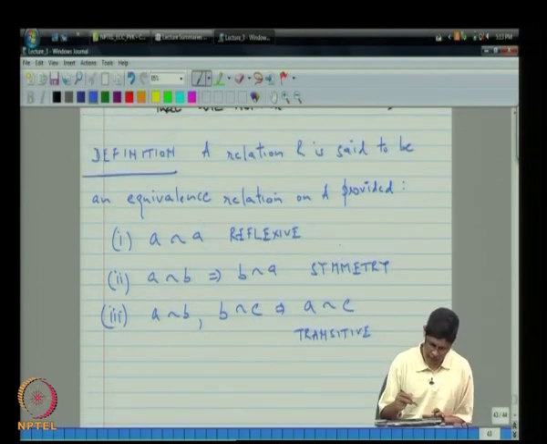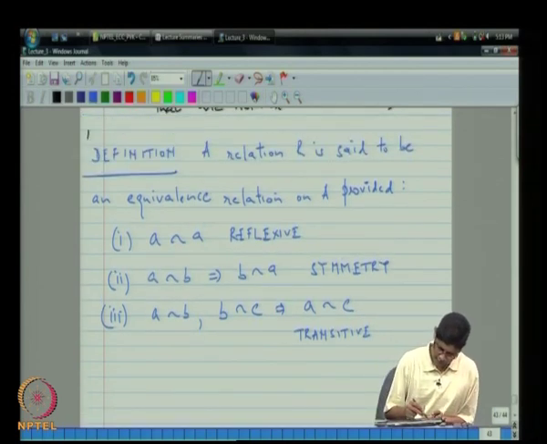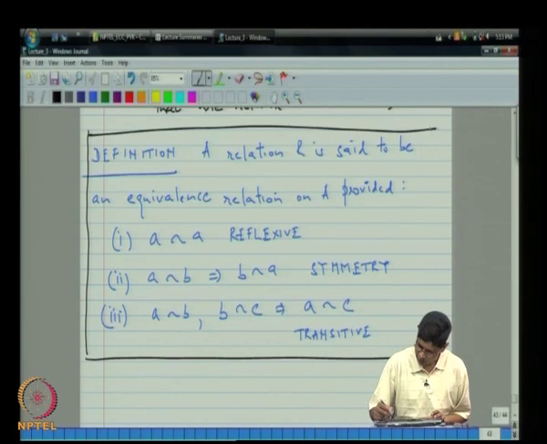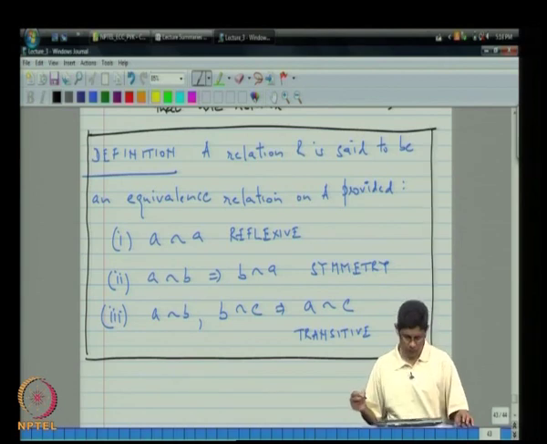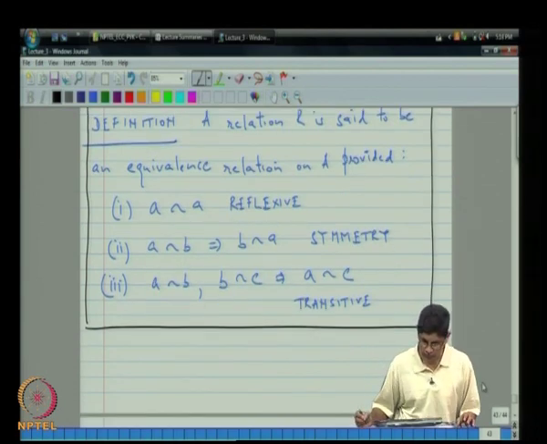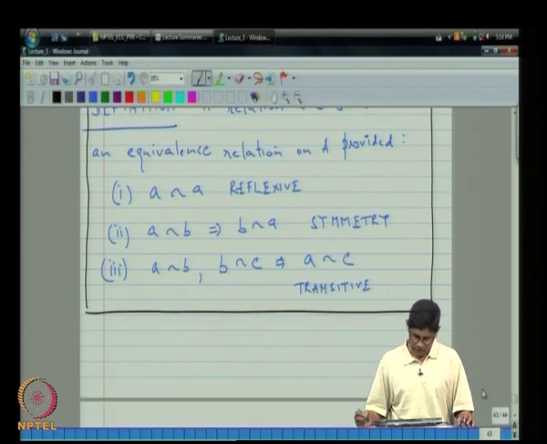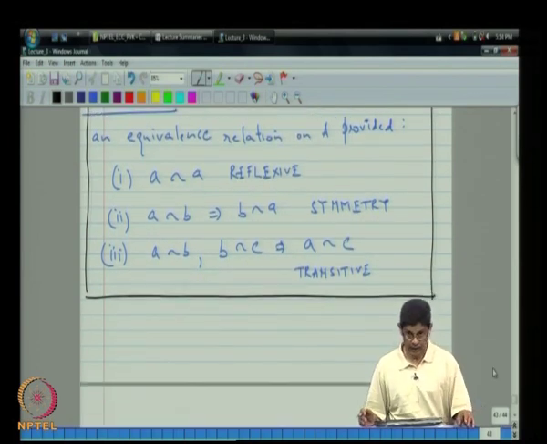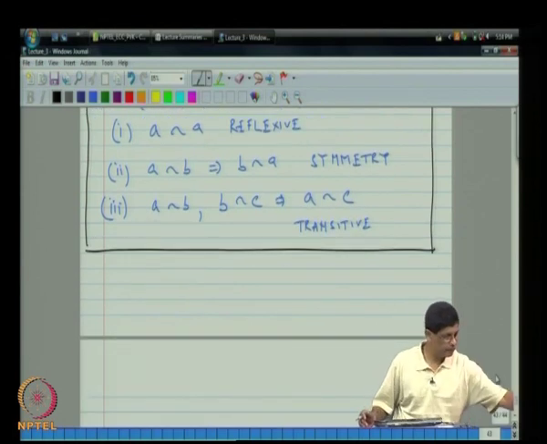Right. All right. And we will look at some examples very soon. So, now we are ready to make the claim that I had stated earlier.